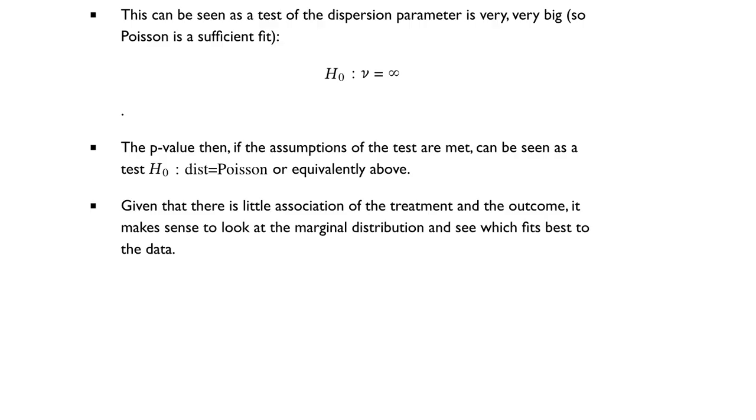And I pointed out that you can think of a test of the Poisson as a test that the dispersion parameter is equal to infinity, as it goes to infinity, or one over it goes to zero. That's often how it's phrased.